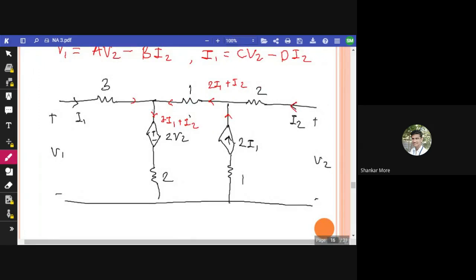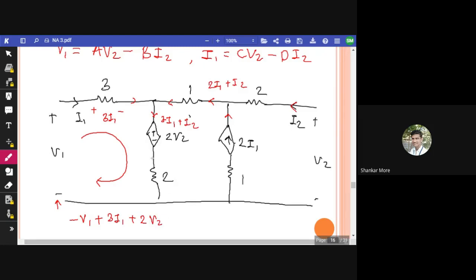Now it is quite easy to apply KVL. Can you please apply KVL at input and output side? Please try it. I'll also be solving with you. So here we are going to apply KVL. We'll start with minus V1, plus 3 into I1, that is 3I1. Then we come here. This is a dependent voltage source, so we'll take its value as it is, 2V2.